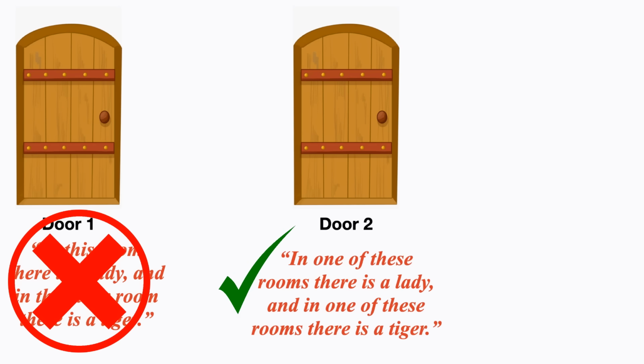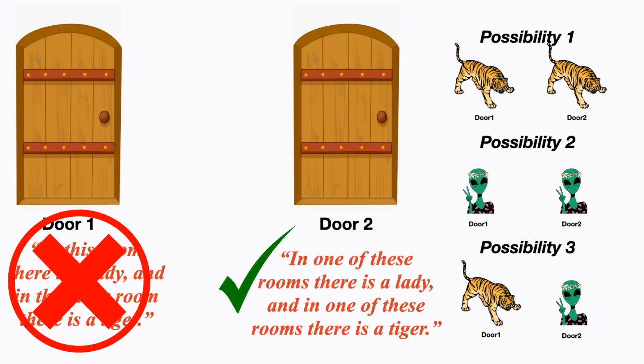As per the second statement, the only possibilities left are: first possibility, door 1 tiger, door 2 tiger. Second possibility, door 1 lady, door 2 lady. And the third possibility is door 1 tiger, door 2 lady. As per the second statement, in one of these rooms there is a lady, and in one of these rooms there is a tiger.